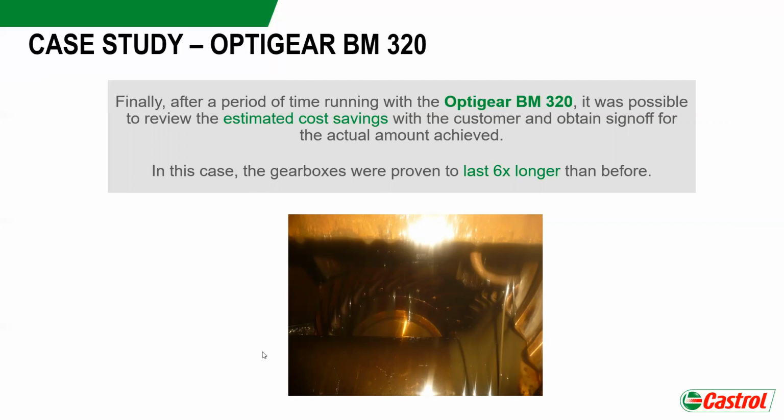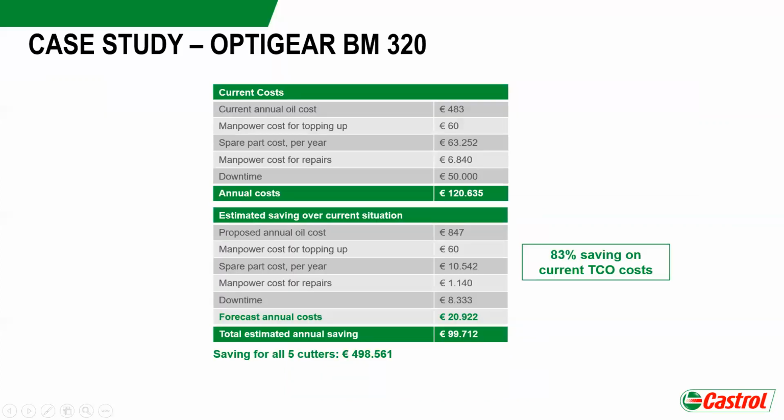Next slide, please. So here we have some figures. This was quite some time ago, so maybe the figures aren't relevant in themselves, but the fact that it's an 83% saving on what the previous total cost of ownership costs were. All the costs are in there.